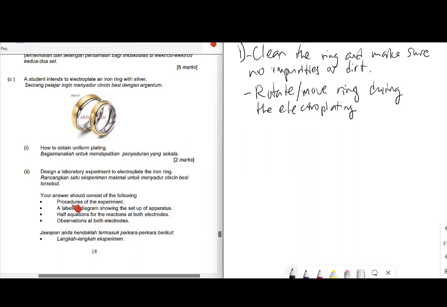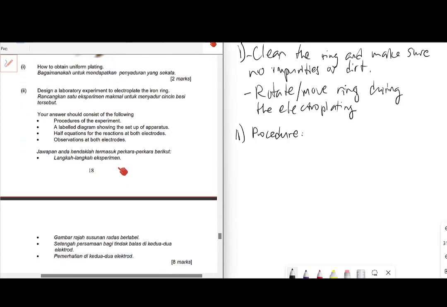So we're going to answer these four parts here. We're going to start with the procedure. So I'm going to write the procedure. This is your part 2, procedure of the experiment.